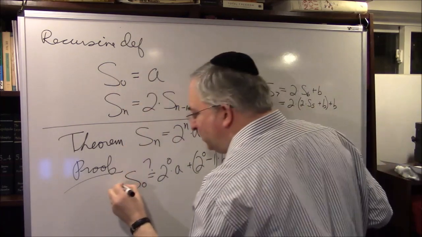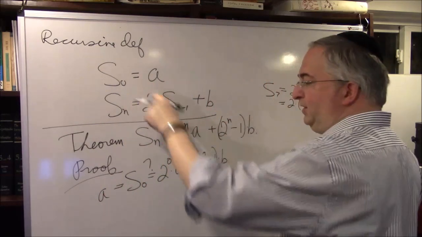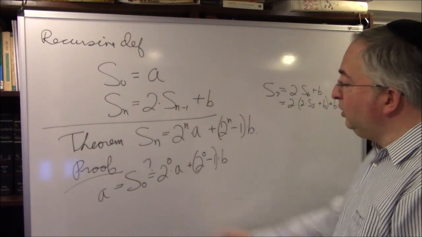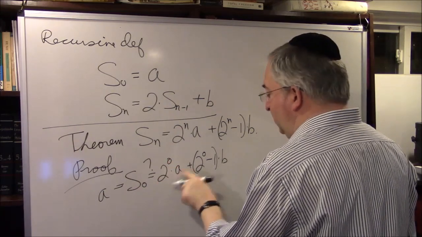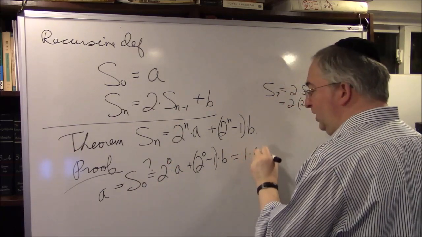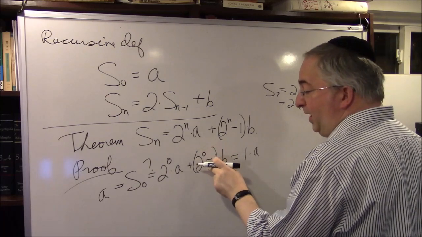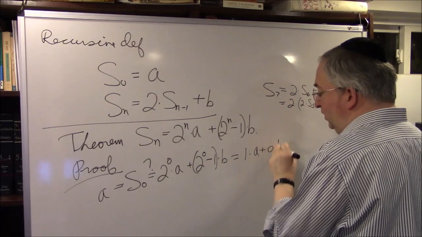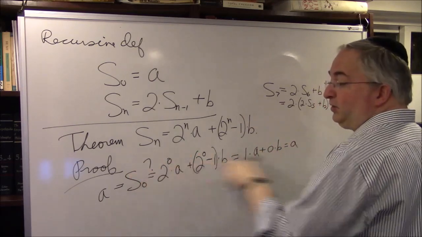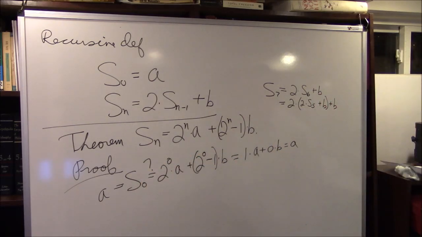S of 0 is equal to A, by definition. What's this equal to? 2 to the 0 is 1, times A is A. 2 to the 0 is 1, minus 1 is 0, times B is 0, which is equal to A. It works out. Base case works out. A is equal to A.